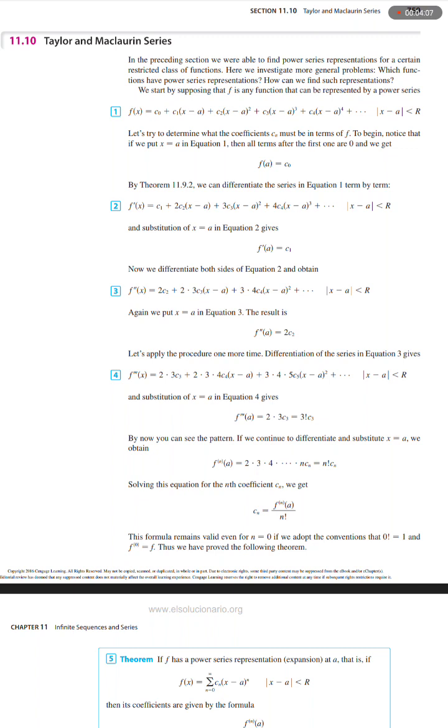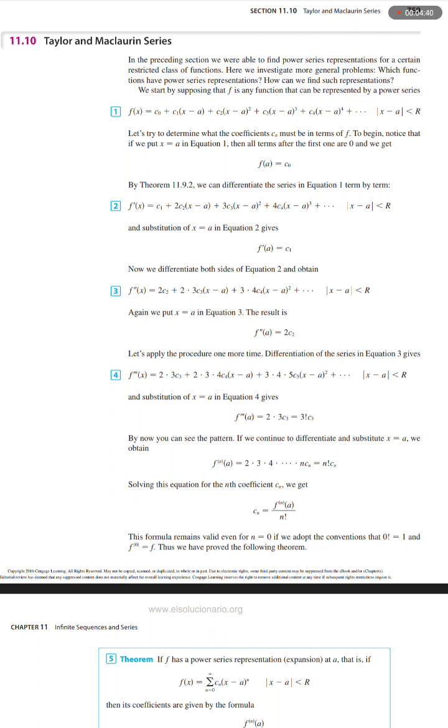By now you can see the pattern. If we continue to differentiate and substitute x = a, we obtain f⁽ⁿ⁾(a) = 2·3·4·...·n·c_n = n!c_n.